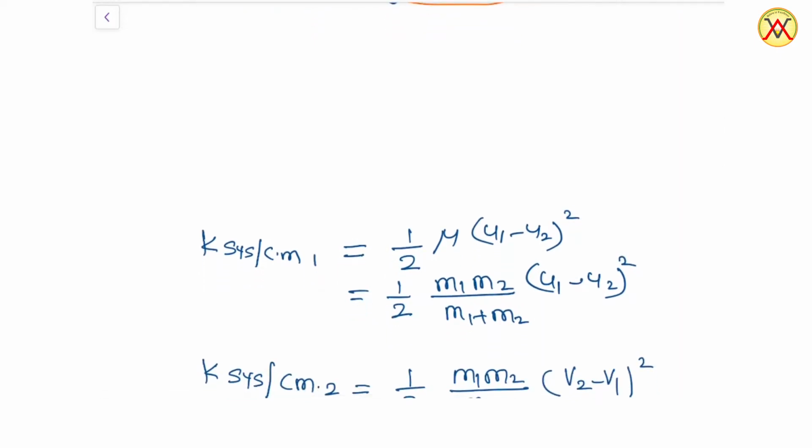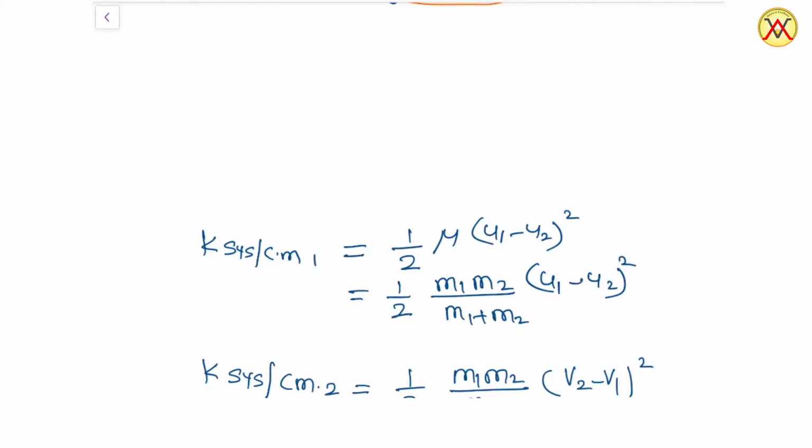If we try to find the expression of kinetic energy loss in this case, the kinetic energy of the system with respect to the center of mass before collision is half mu v relative squared, which is half m1 m2 upon m1 plus m2 into (u1 minus u2) squared.